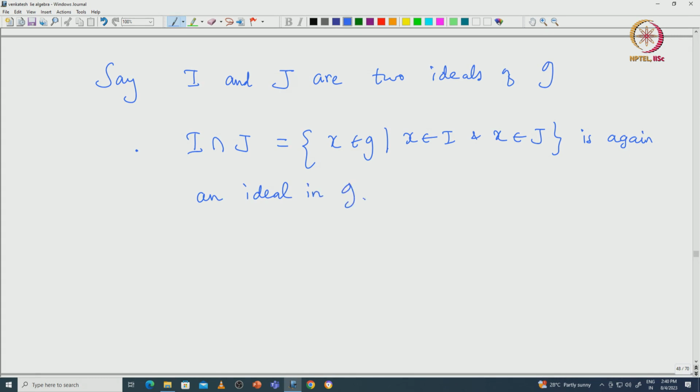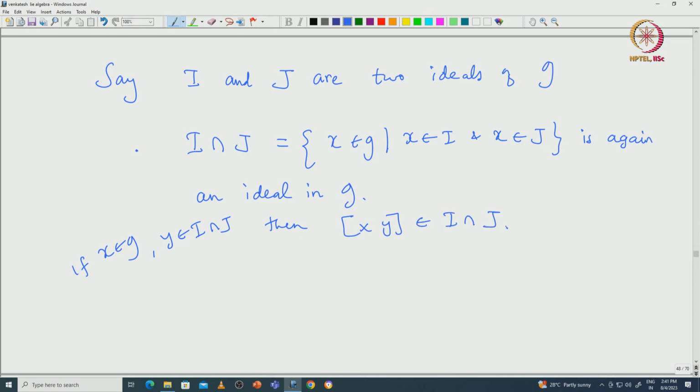It is easy to see that the intersection of subspaces is again a subspace. Now we need to prove that if x is in G and y is in the intersection, then the bracket [x,y] should be in the intersection.